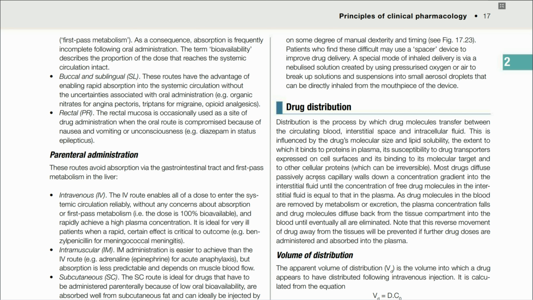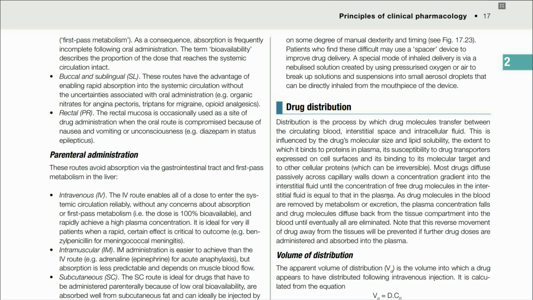Most drugs diffuse passively across capillary walls down a concentration gradient into the interstitial fluid until the concentration of free drug molecules in the interstitial fluid is equal to that in the plasma.